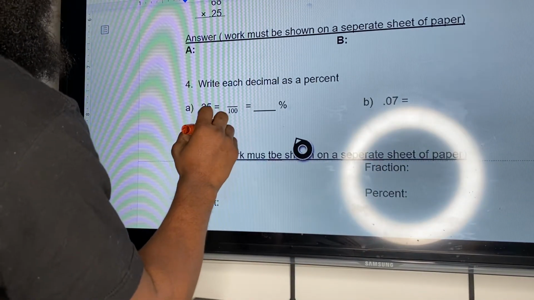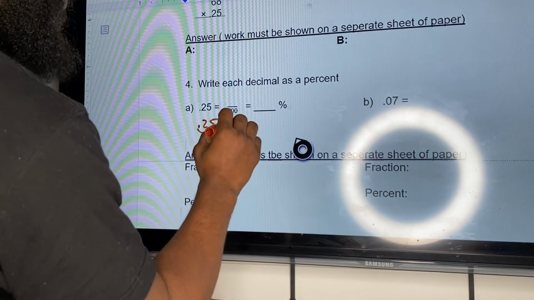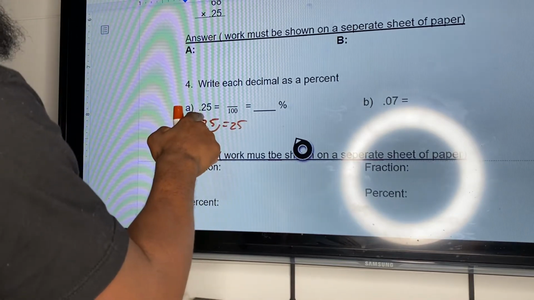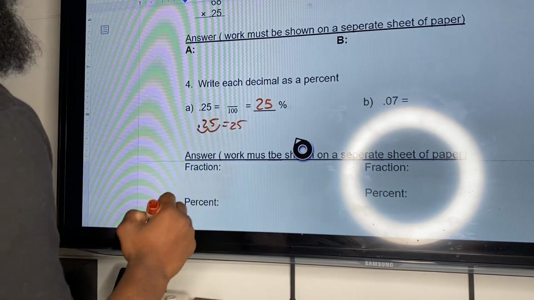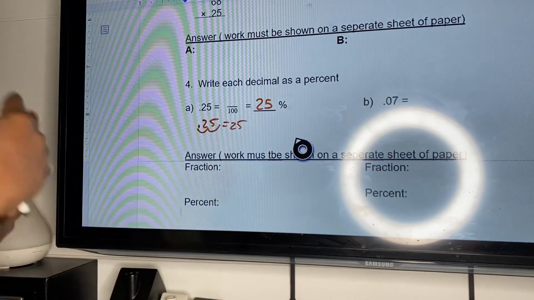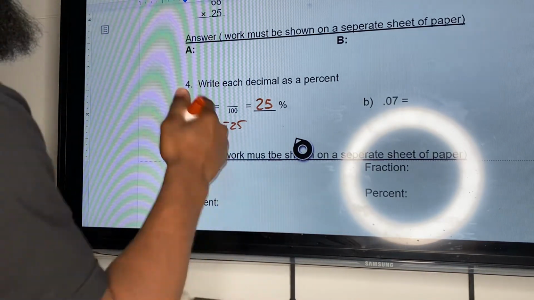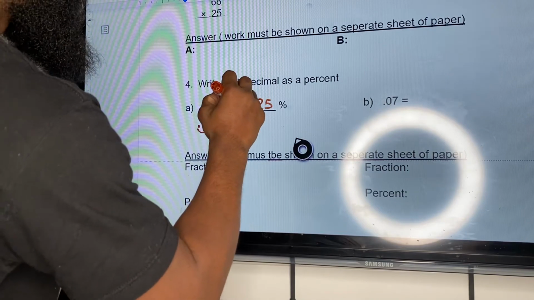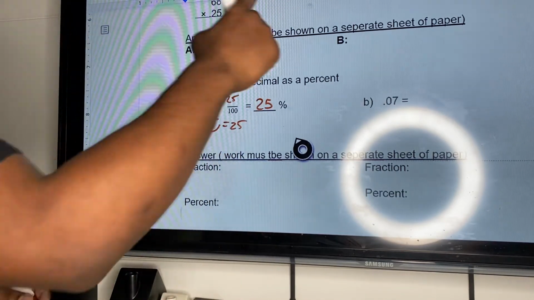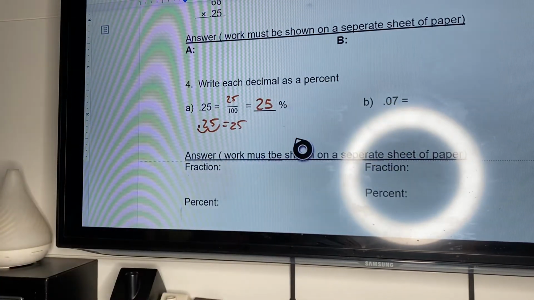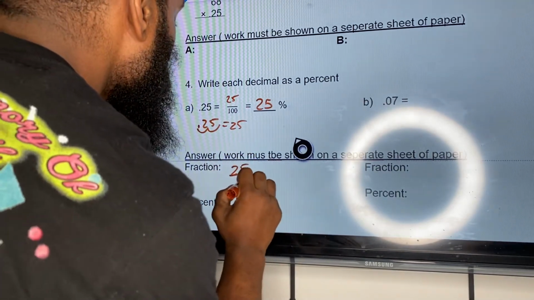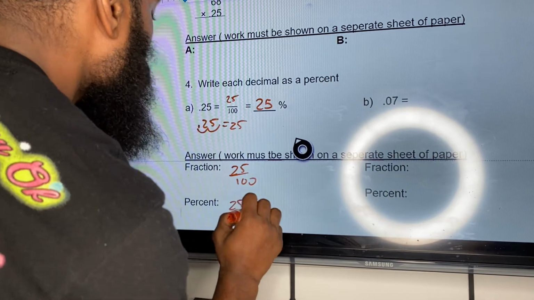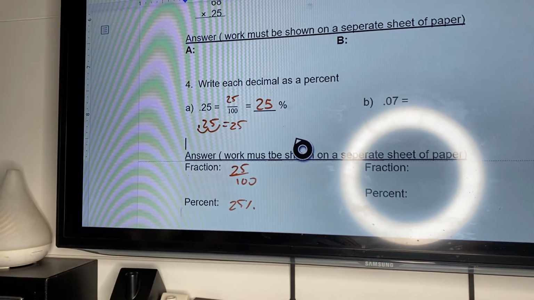So 1, 2, and you get 25. So 0.25 as a percent is 25%, and percents are always out of 100. So the numerator is 25 over 100. So the fraction is 25 over 100. Percent is 25%. You guys will be doing B on your own.